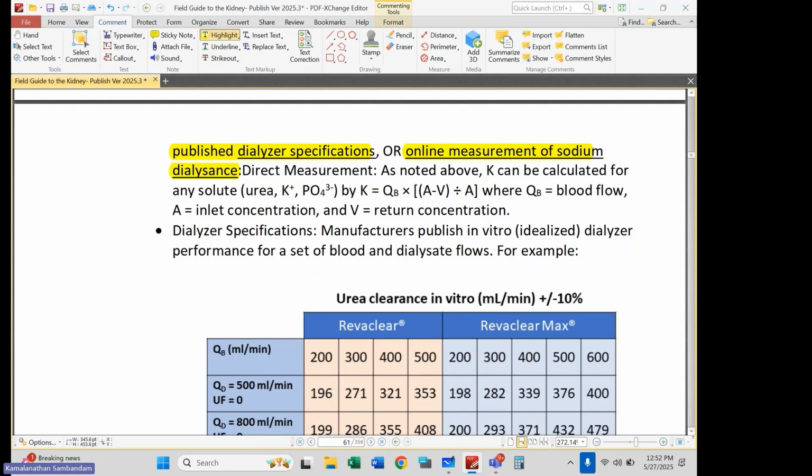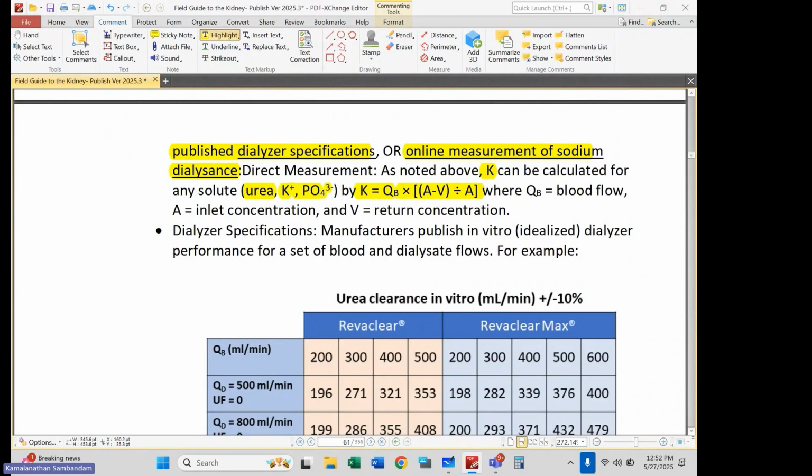Okay, so again, K we talked about is related to that arterial minus venous sampling of that solute divided by the arterial sampling of that solute. Even though we use urea as our standard marker of clearance, you can calculate K for anything.